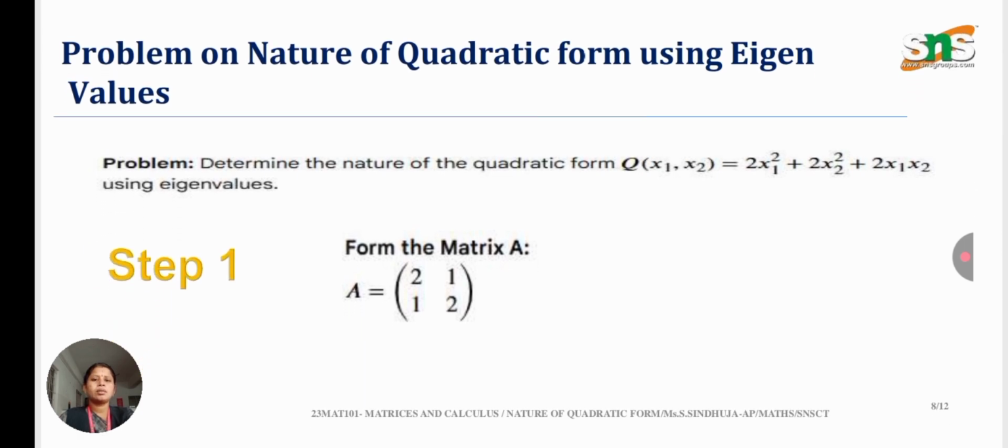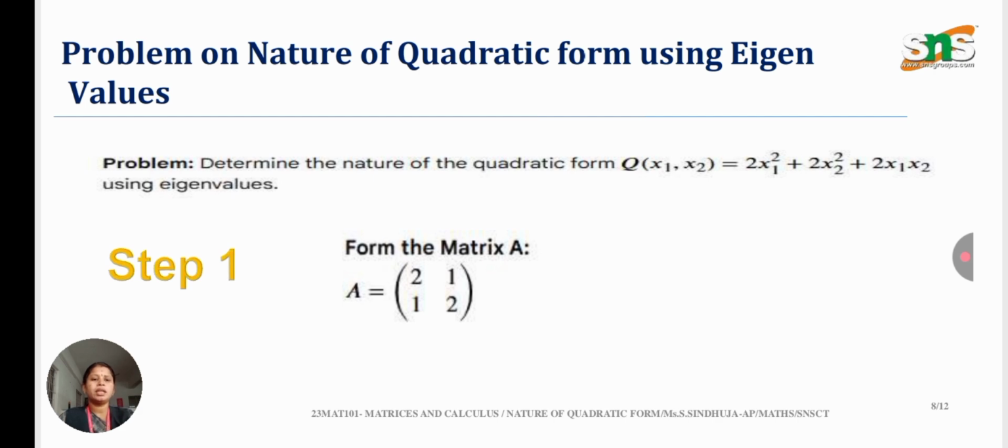So now let us solve a problem on the nature of quadratic form using eigenvalues. We are given a quadratic equation 2x1 square plus 2x2 square plus 2x1x2. Here we are given two variables x1 and x2, so we can construct only a 2 by 2 matrix: 2, 1, 1, 2.